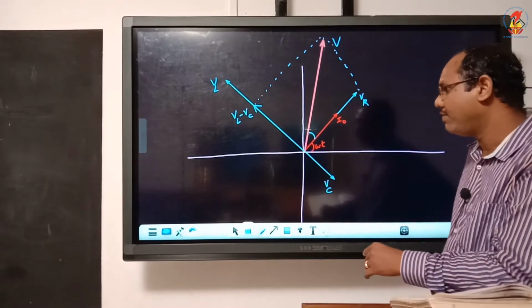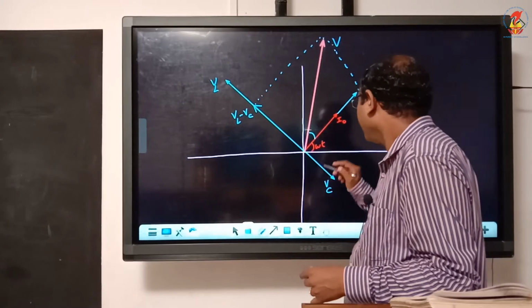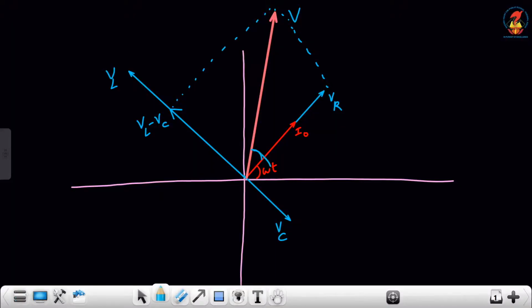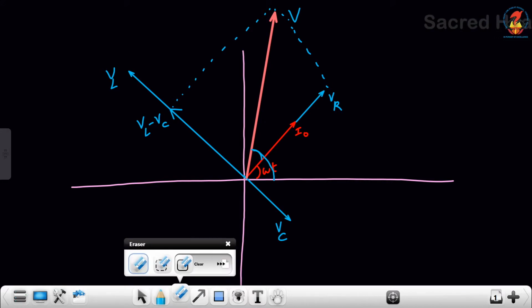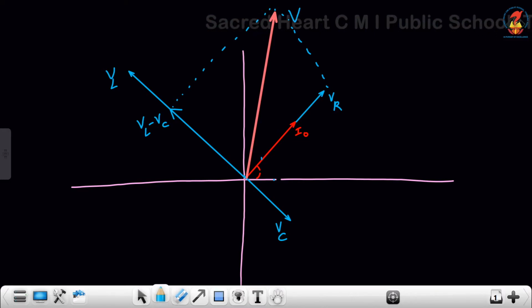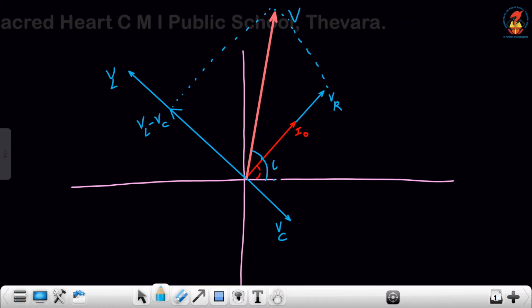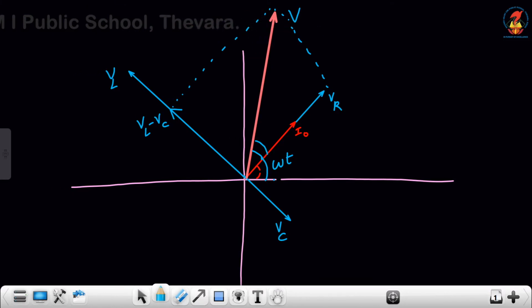So in the graph, I will mark this angle as omega t, and this angle as phi.